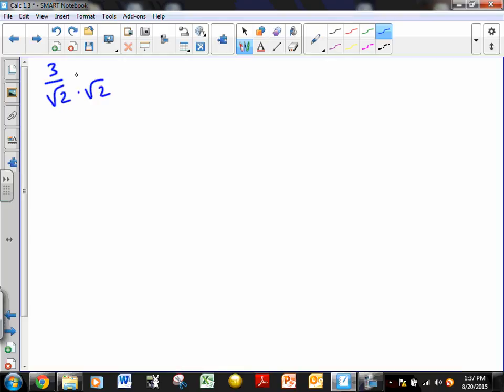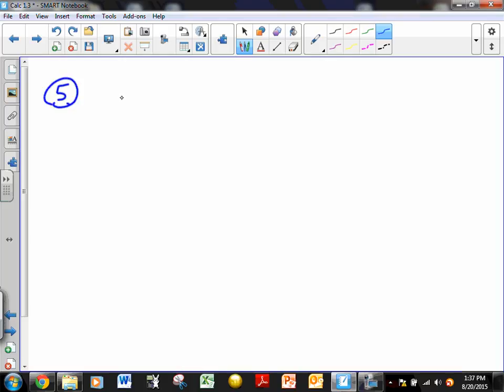To do that, we took it times radical 2 over radical 2, and we get 3 radical 2 over 2. That's rationalizing. Now, for our purposes, a lot of times we may need to rationalize the numerator. We've always been used to rationalizing the denominator. Now we may need to rationalize the numerator.